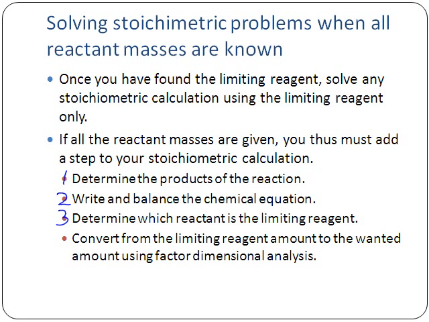Once you've found the limiting one, you get to step 4. Convert from the amount of the limiting reagent to the wanted amount using dimensional analysis, using our table the same way we have before. And so you'll use the mole ratio, of course, that you figured out in step 2, same as we have before. So let's go ahead and try out something like this to see if this will work out.